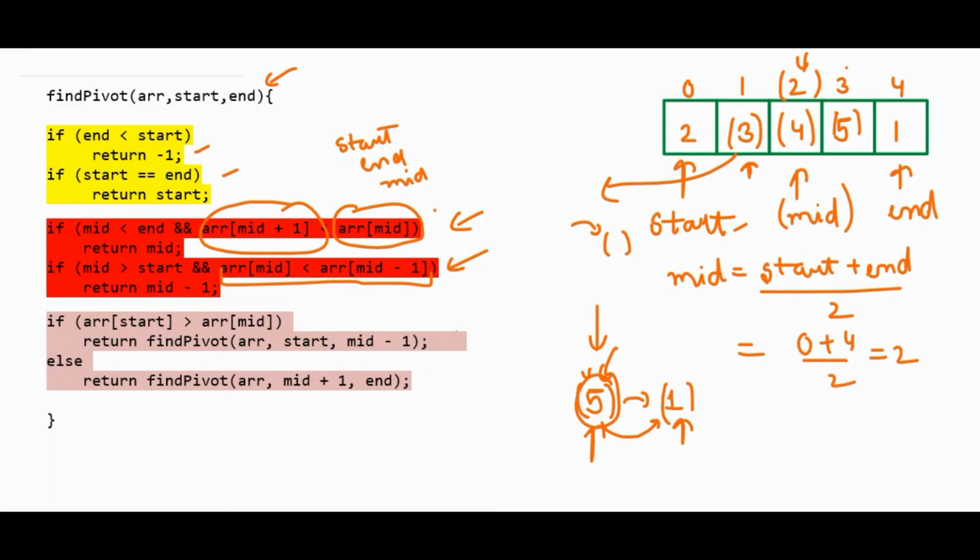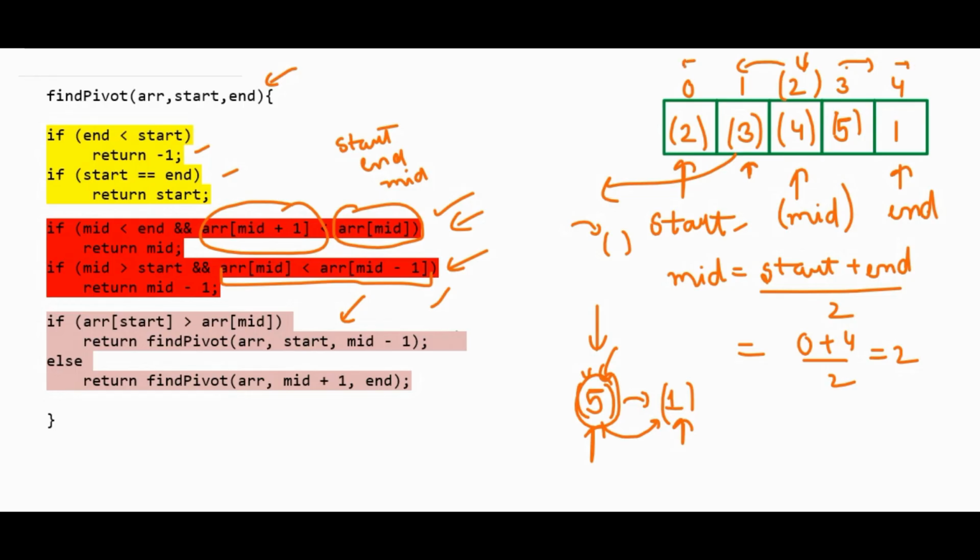So we have checked both for mid minus 1 and also for mid, right? So 4 is not our pivot element. So we have to go either on left or on right to evaluate where we have our pivot element. So we come to these conditions now. If array of start is greater than array of mid, that is, if 2 is greater than 4, then we have to go on the left.